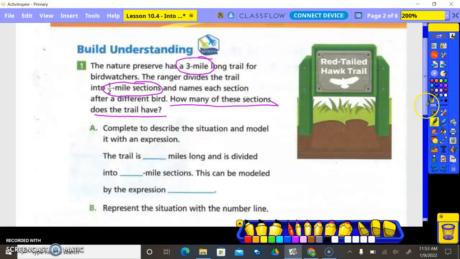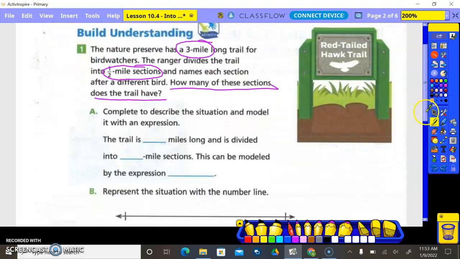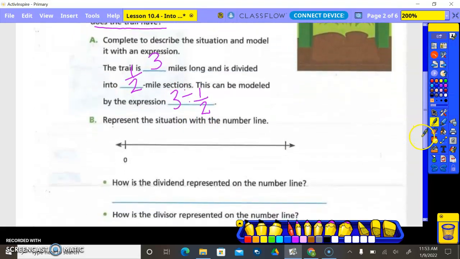So complete to describe the situation and model with an expression. The trail is 3 miles long and is divided into half-mile sections. This can be modeled by the expression 3 divided by 1/2. So represent the situation with the number line.